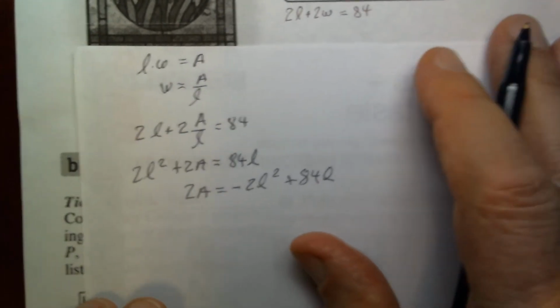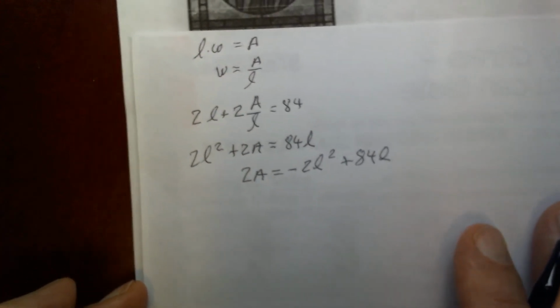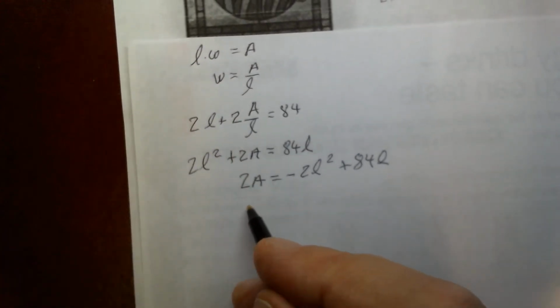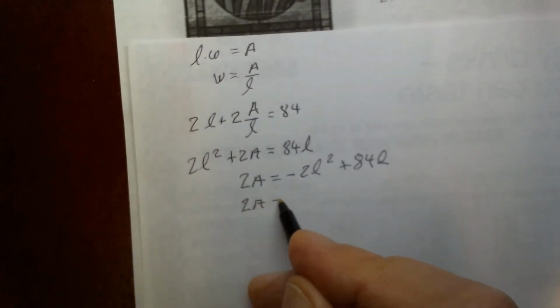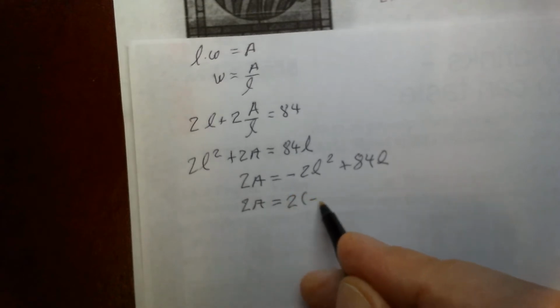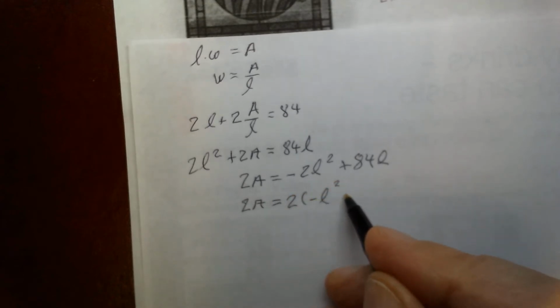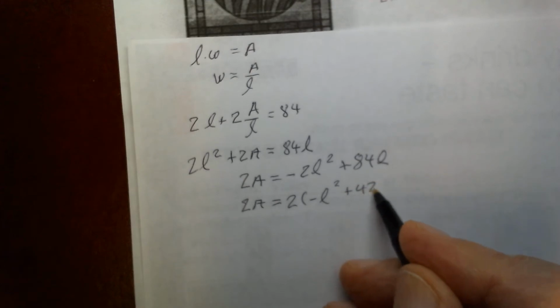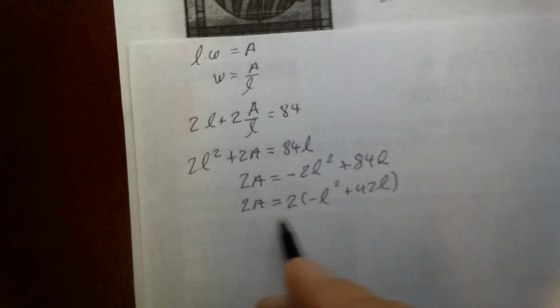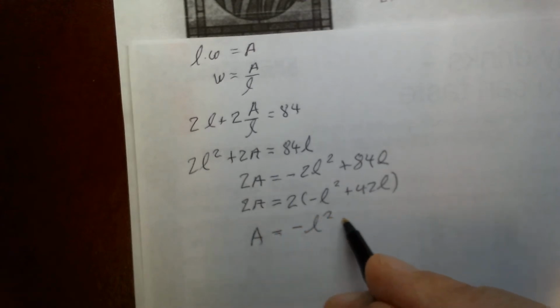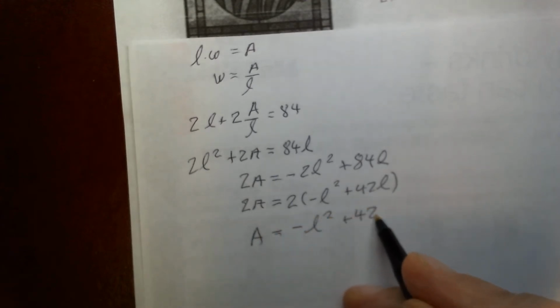To simplify these calculations, let's write it this way: 2A equals 2 times minus L squared plus 42L. We divide both sides by 2. So A, the area, is equal to minus L squared plus 42L.